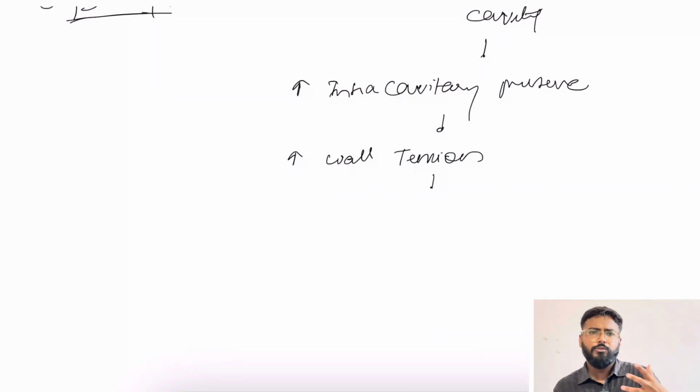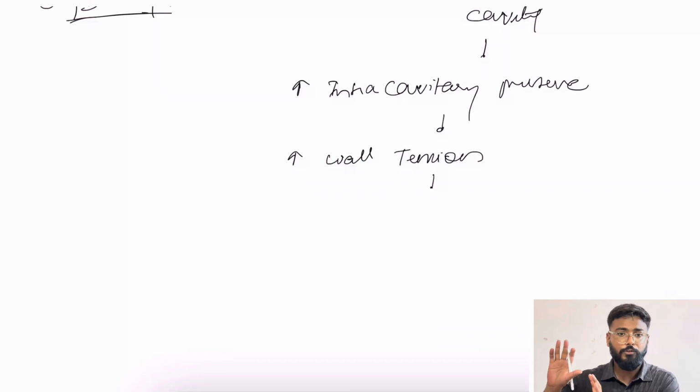Now wall tension is your afterload, right? Whenever the left ventricle has to work more against the force that is opposing it, the tension is going to be more, because ultimately the afterload is the tension in your left ventricle when it contracts against the pressure that opposes it.